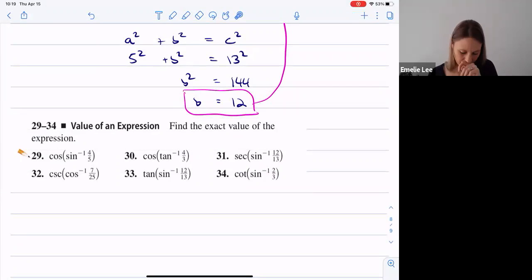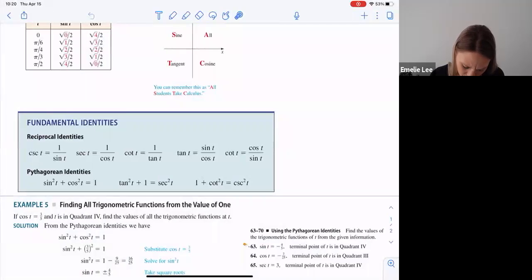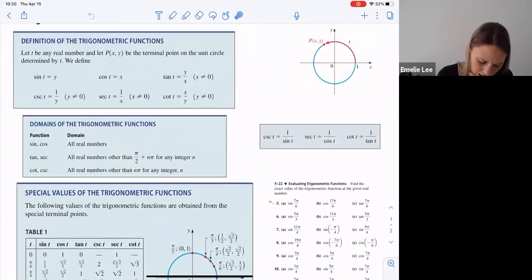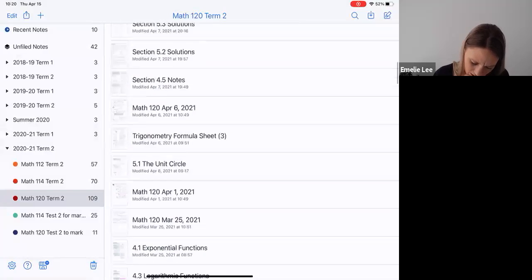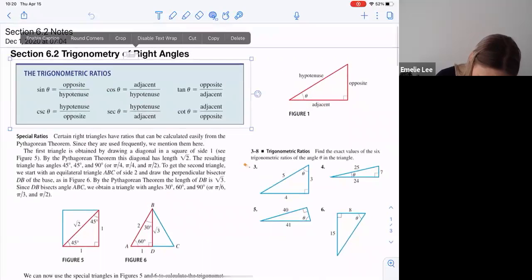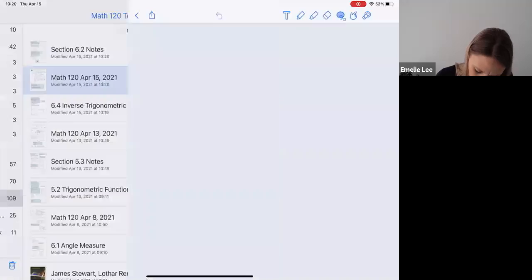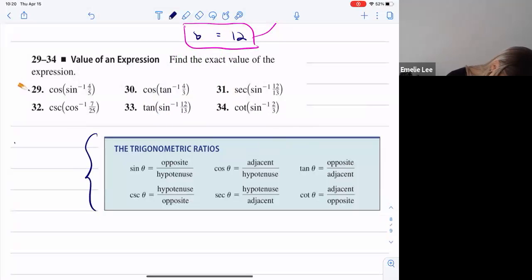Okay. So remember that once you have the triangle laid out, you can use that triangle to find any angle, or any trigonometric function, secant, cosecant, tangent, cotangent, just by remembering from section 6.2.